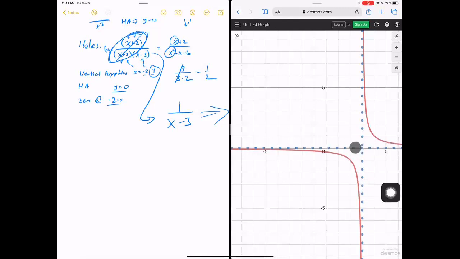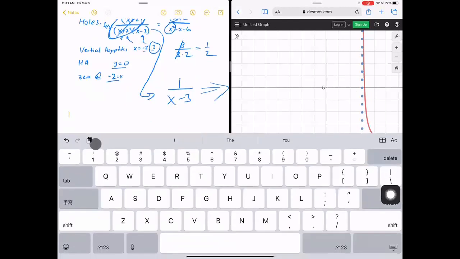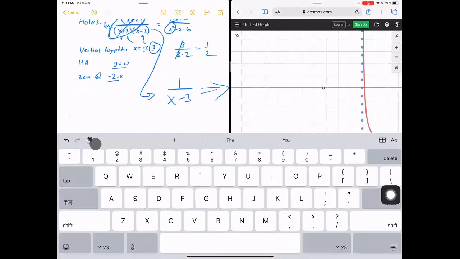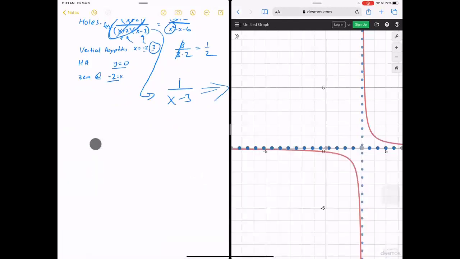And we have no roots. So what happened to the x plus 2? The x plus 2 turned out to be a hole. So we have a hole at x equals -2.